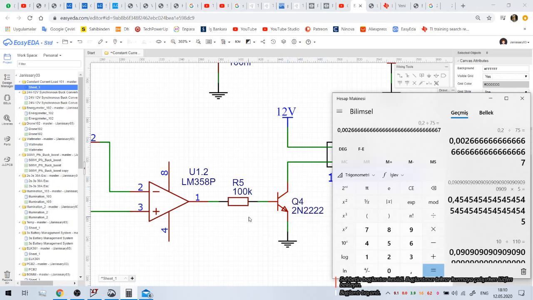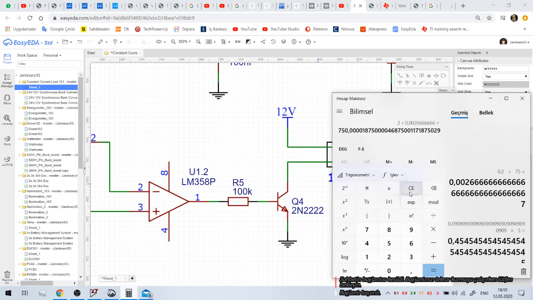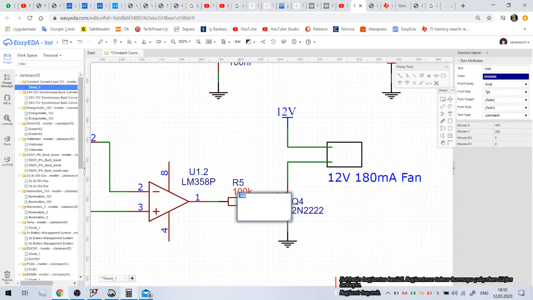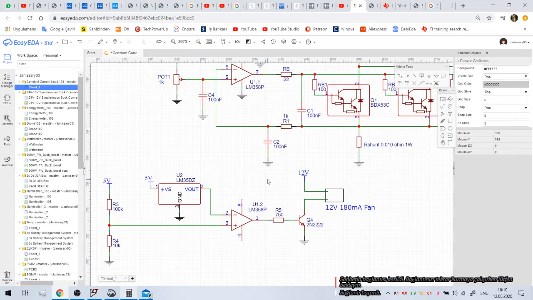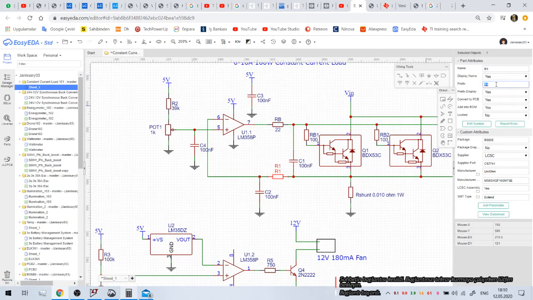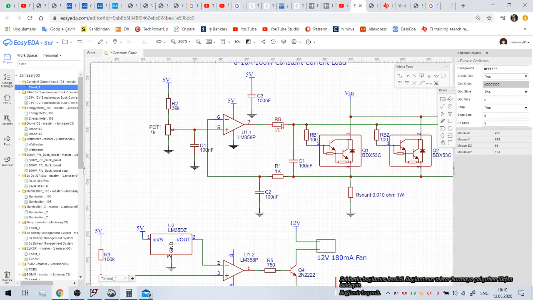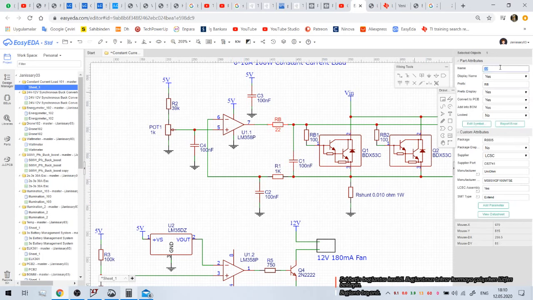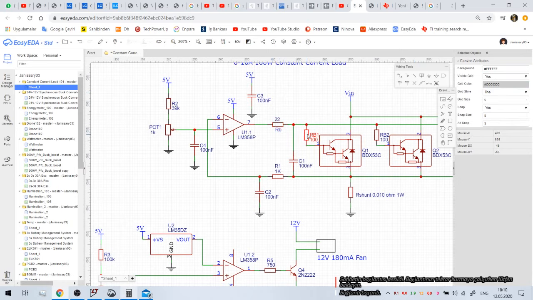Maximum ratings, this is minimum, this is maximum, and we can calculate it quickly. 0.02666 gives us 750 ohm resistance. Yes, like this. I will change this.